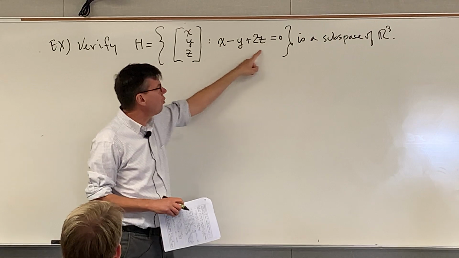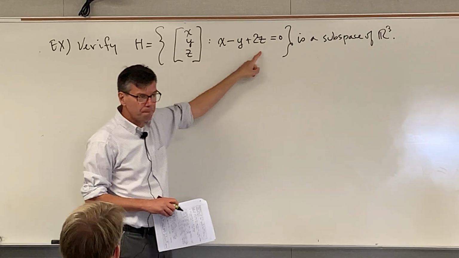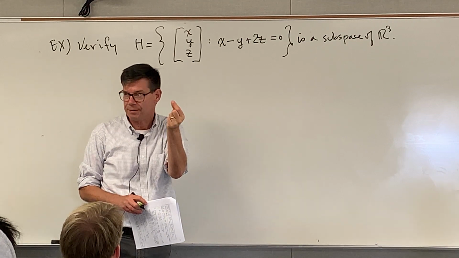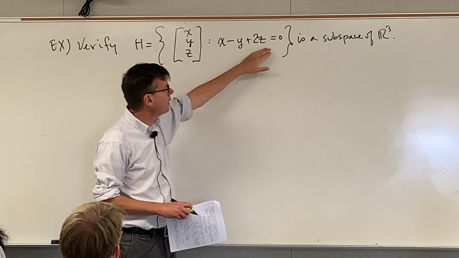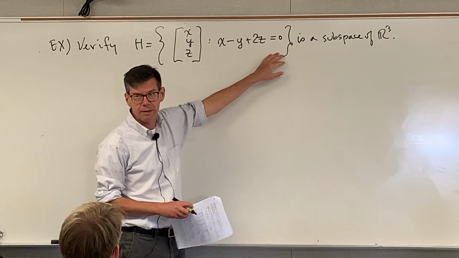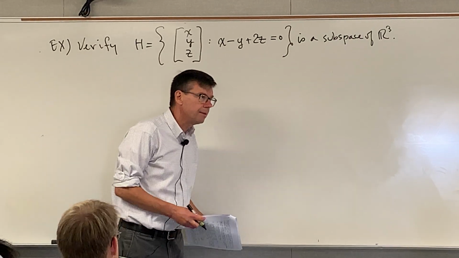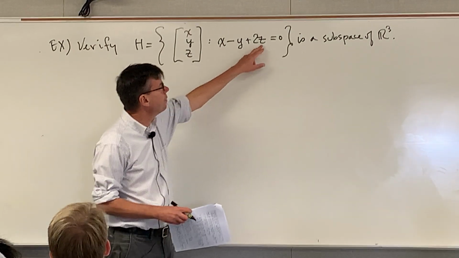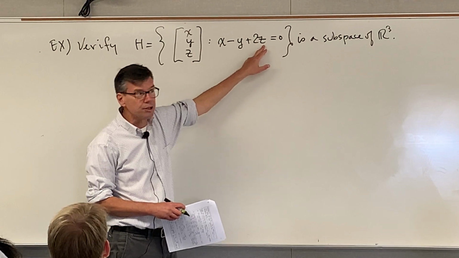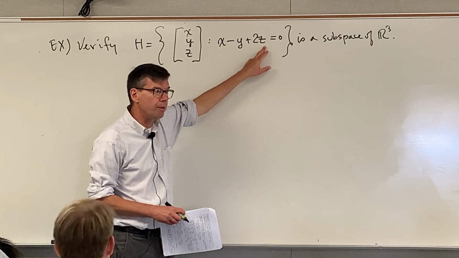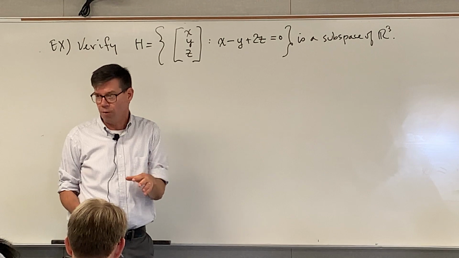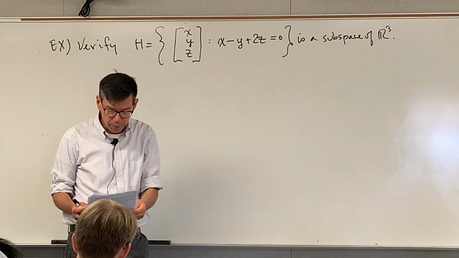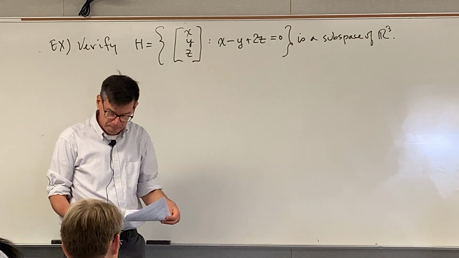It's really just all the points that satisfy this equation. Because really our x, y, z column vector is just a point in space. And all the points that satisfy this linear equation in x, y, and z, you guys know, is a plane. And it's a special kind of plane because 0, 0, 0 satisfies that equation, right? So we're just actually going to go through the properties and verify formally that this plane in R3 that contains the origin really is a subspace of R3.